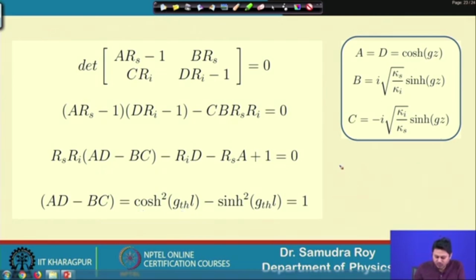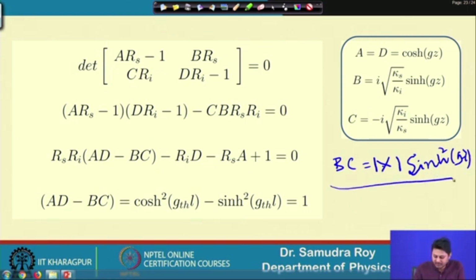Now, if I try to find out what my BC is, BC is i multiplied by minus i, which gives 1, times root of kappa_s kappa_i multiplied by root of kappa_s kappa_i. So once again it gives 1, and sinh multiplied by sinh gives sinh squared of g z.